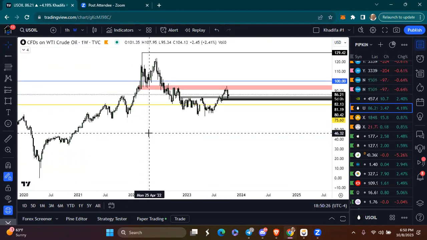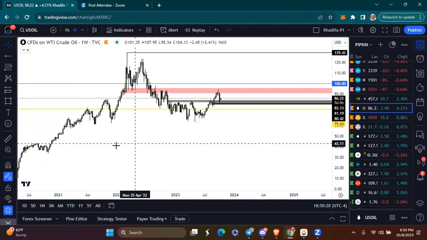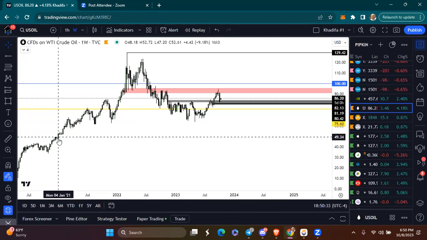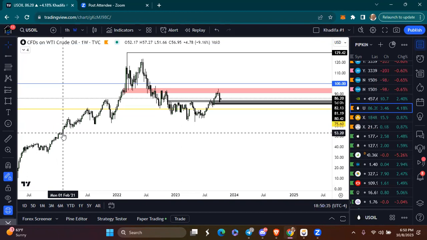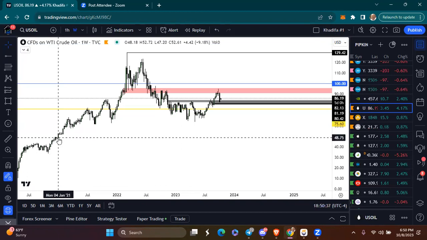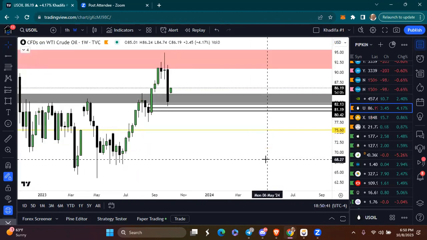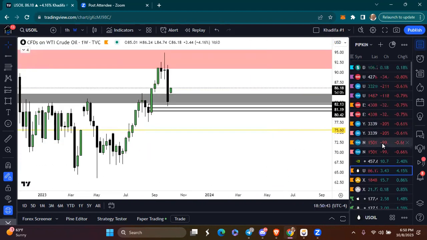To see oil potentially go lower to target these imbalances that we see in the market here, around $54 and $48. So that's what I'm expecting out of markets for the pre-week analysis, ladies and gentlemen.